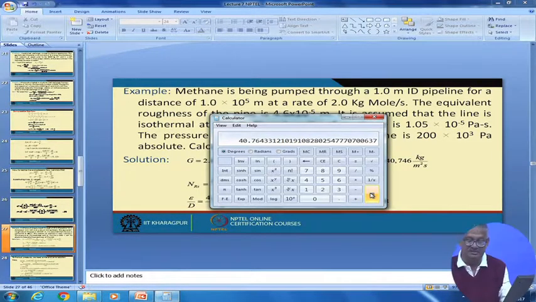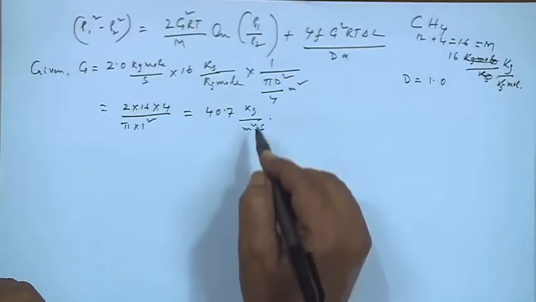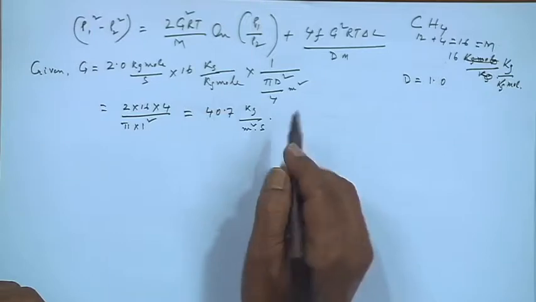This G is ρ into v, mass velocity, or mass flux, kg per meter squared second, right.